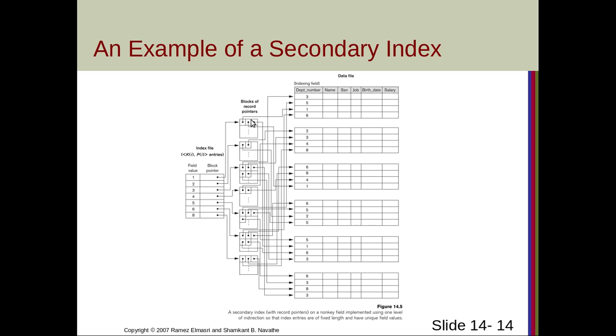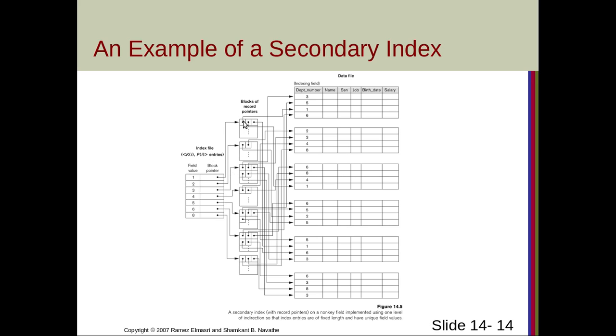See the first field value 1. There is a block pointer, and that is pointing to a block. And that block has a number of record pointers, and each record pointer is pointing to an actual record.